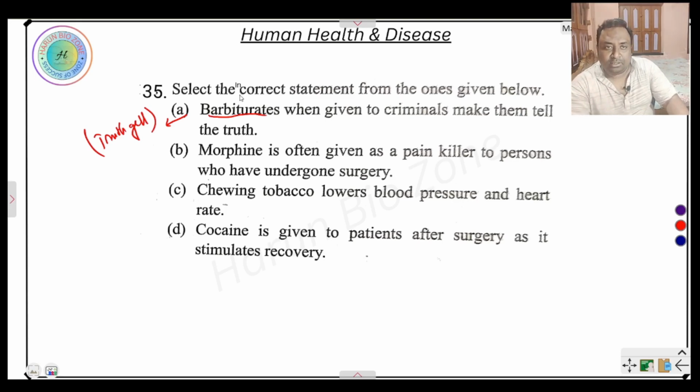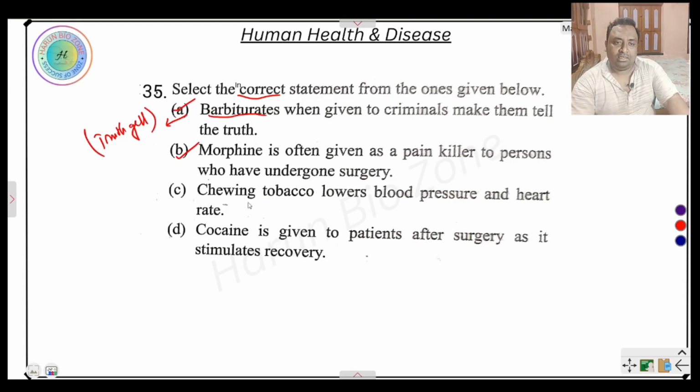Here, find the incorrect option. Morphine is often given as a painkiller to a person who has undergone surgery. Chewing tobacco lowers blood pressure and heart rate. Morphine is a sedative, meaning painkiller, used after surgery.